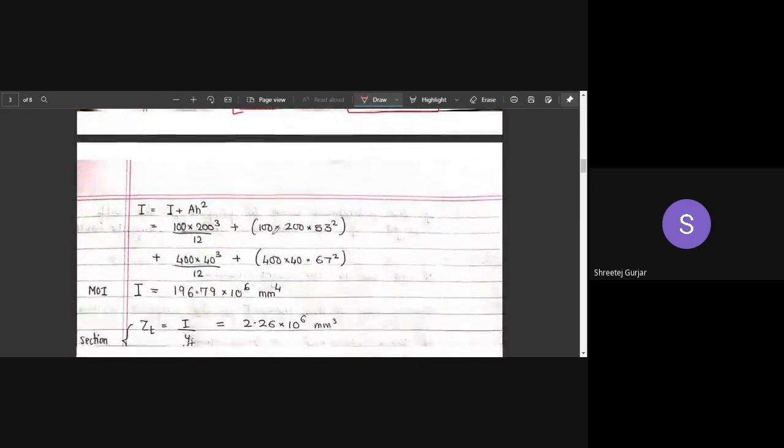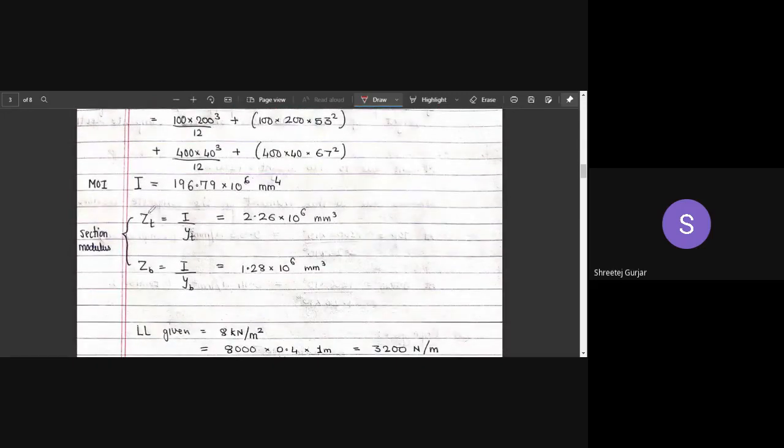Once you know YB and YT, you can calculate the section modulus Z. But before that, we need to calculate I, the second moment of area. I plus AH squared is the formula that we will be using.